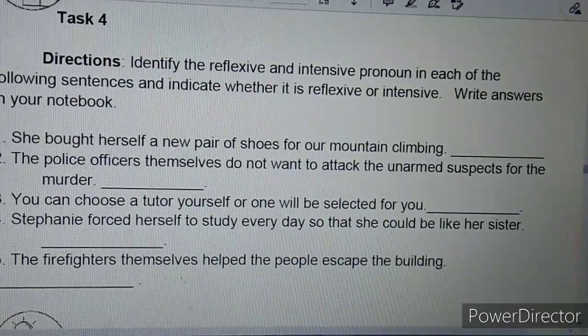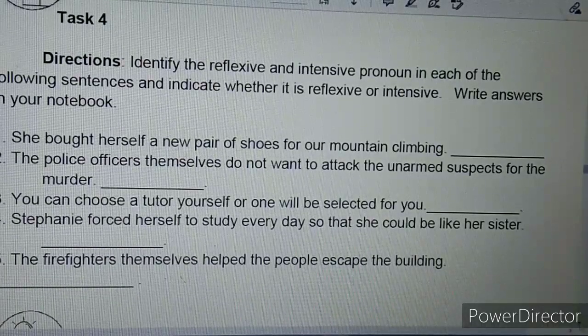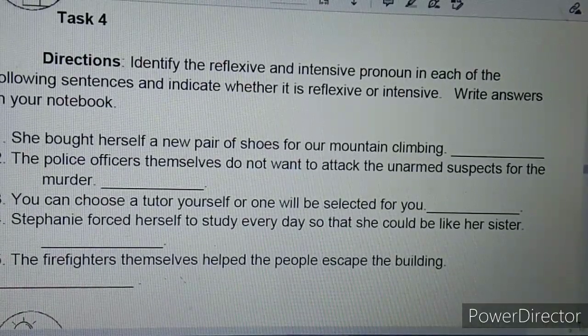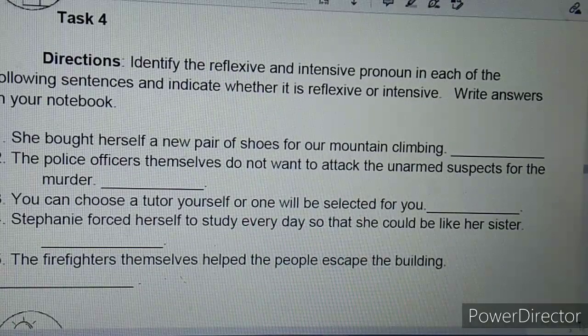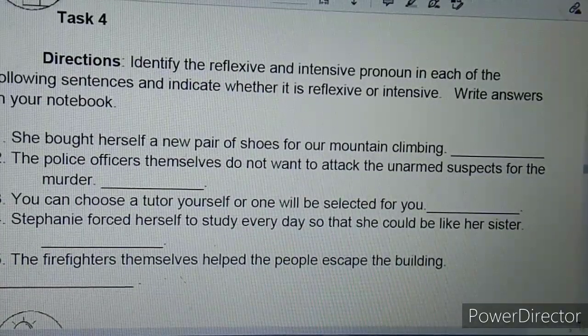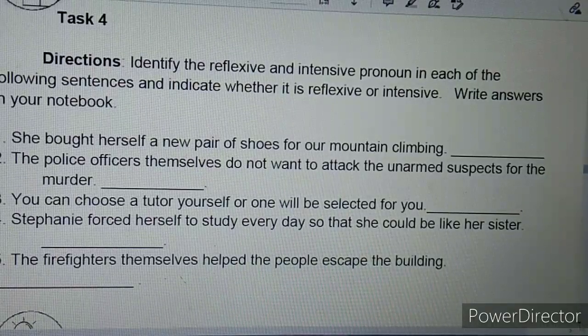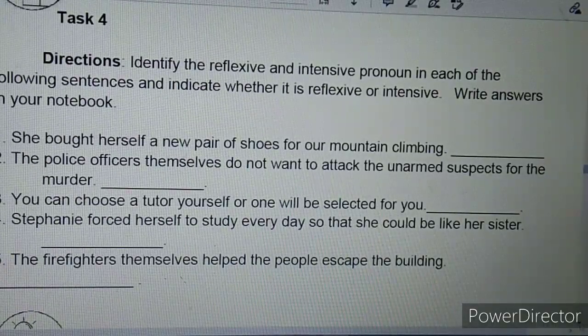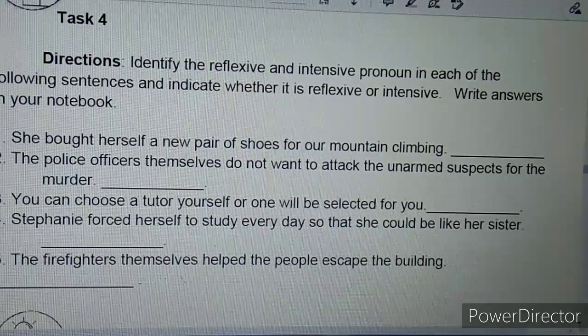Number 2, the police officers themselves do not want to attack the unarmed suspects for the murder. The word, which is an example of a reflexive or an intensive pronoun, is themselves, and it is an intensive. Again, themselves dash intensive. So that's the correct answer.